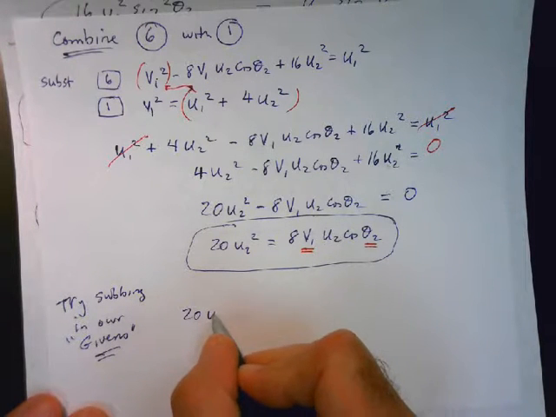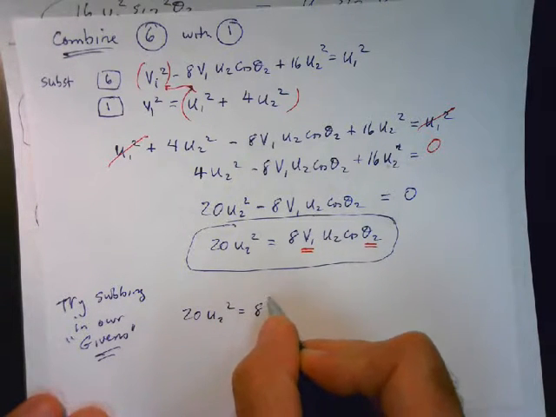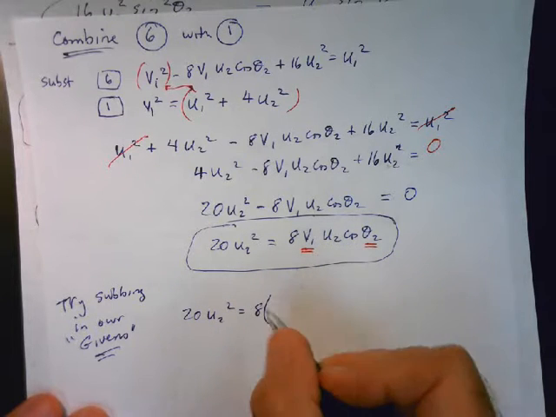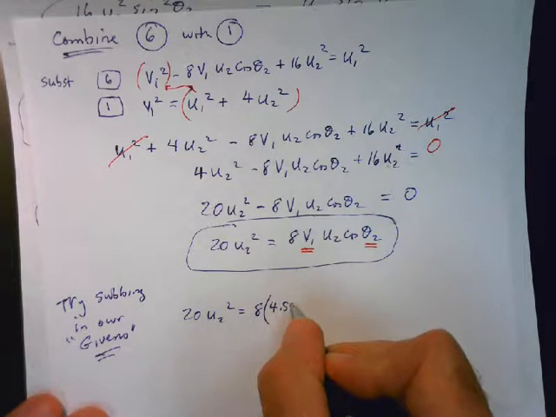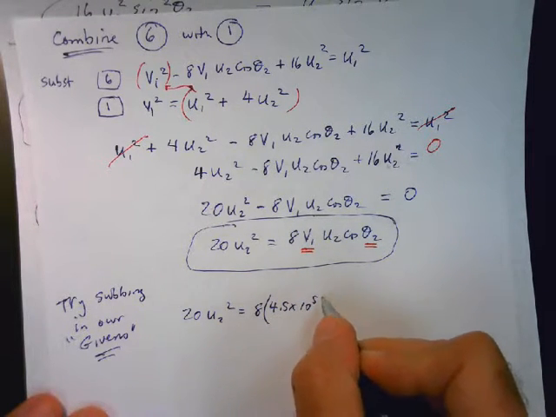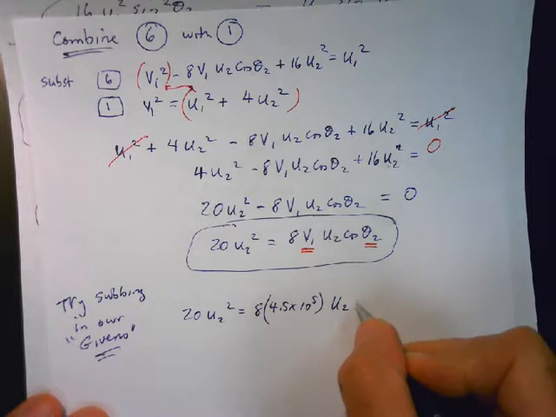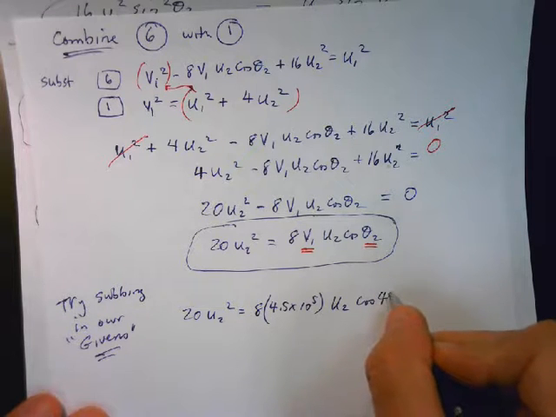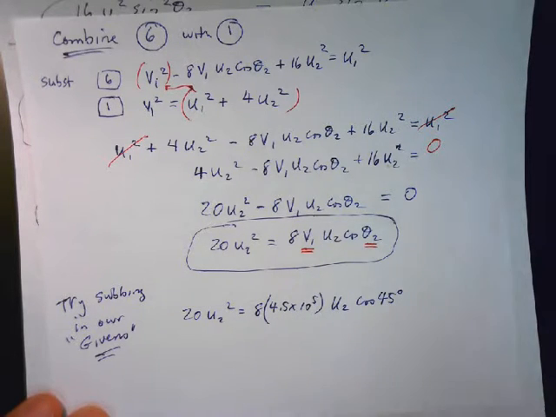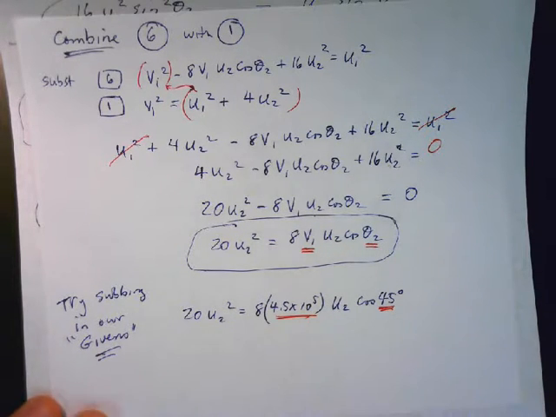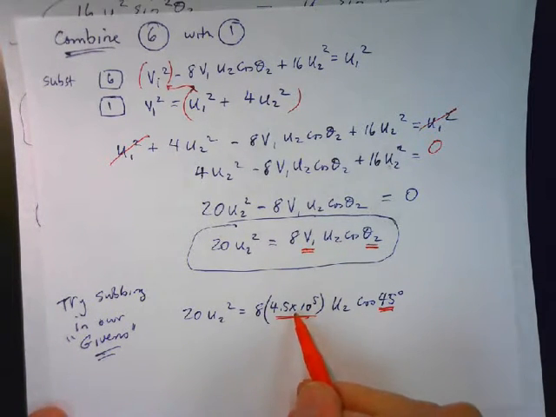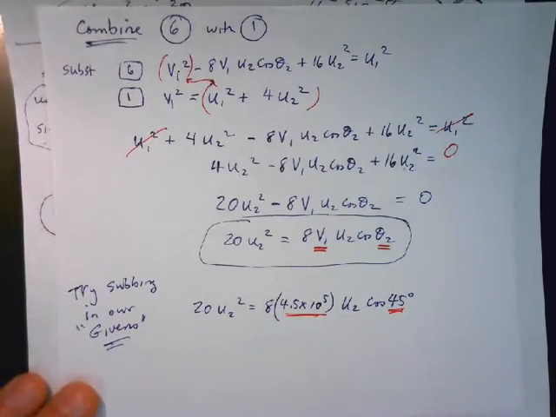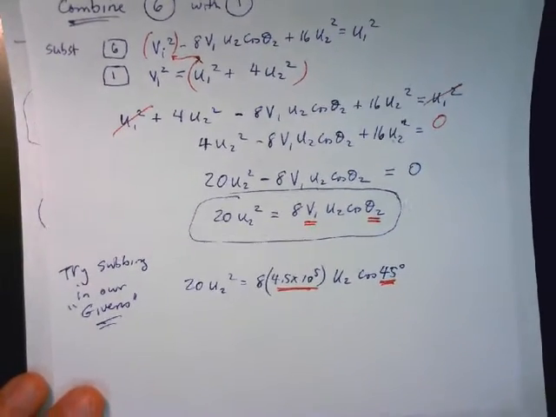So, okay, 20u2 squared equals 8 times, that V1 was 4.5 times 10 to the 5th meters per second, times u2, and the cosine was 45 degrees. So I've substituted in the 45 degrees here, and the 4.5 times 10 to the 5th, the velocity of the neutron before it hit the helium nucleus.